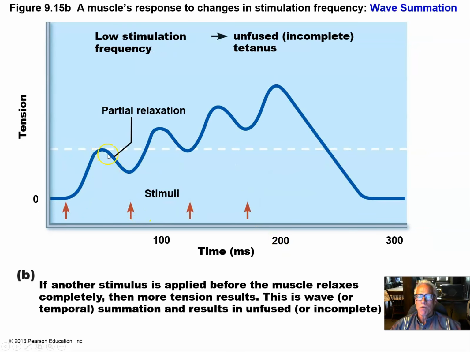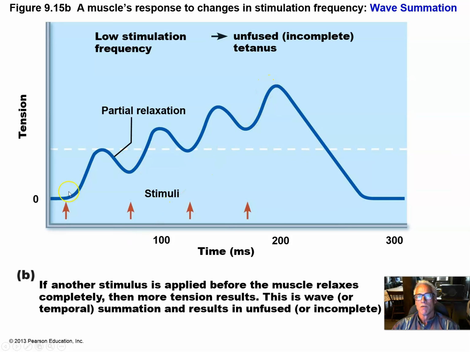However, if we stimulate that muscle again, or that muscle cell again, before it completely relaxes while there's still some tension generated there, the same identical stimulus will now result in a greater amount of tension and an incrementally increasing tension. As we stimulate at higher frequencies, we produce greater tension.